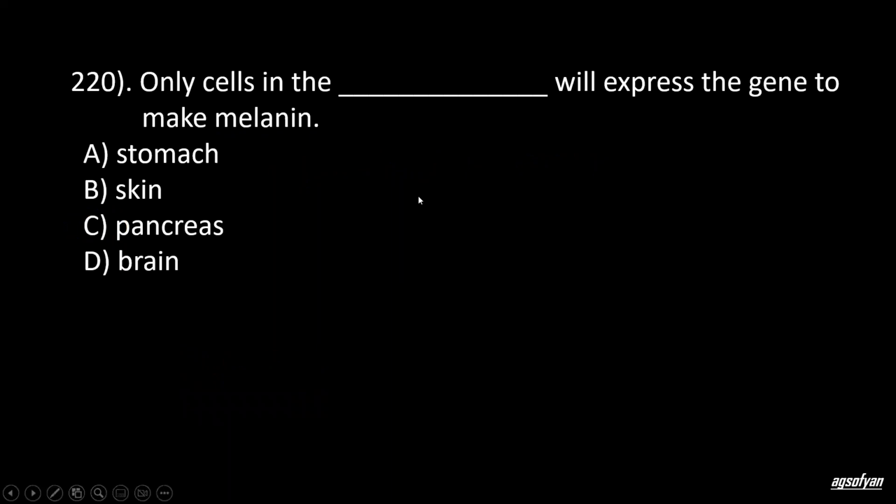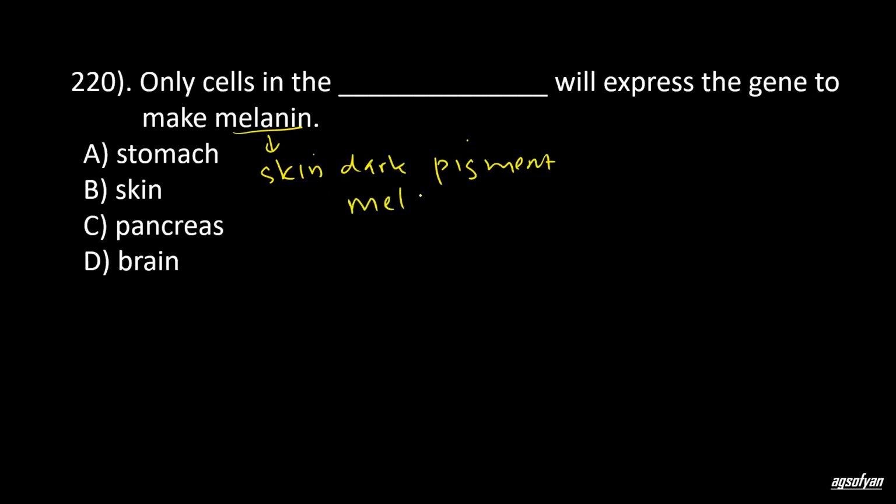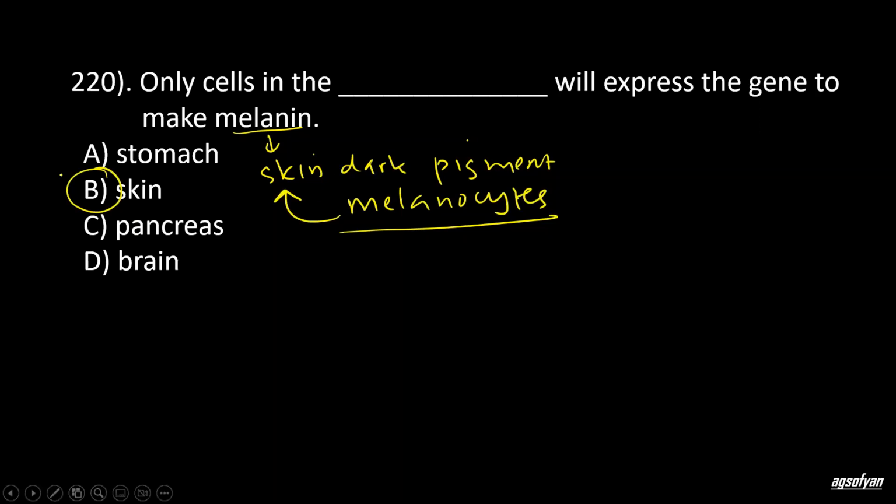Only cells in the blank will express the genes to make melanin. So melanin is the dark skin pigment. It is made by cells called melanocytes, and these melanocytes are located in the skin. So the answer will be only cells in the skin produce melanin.